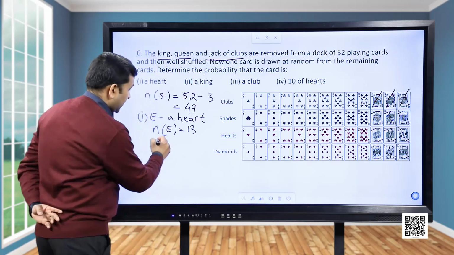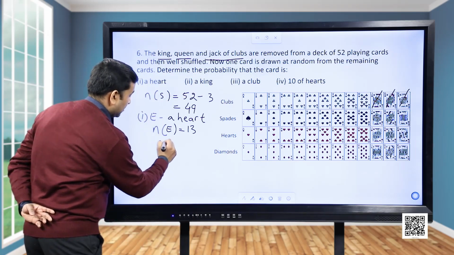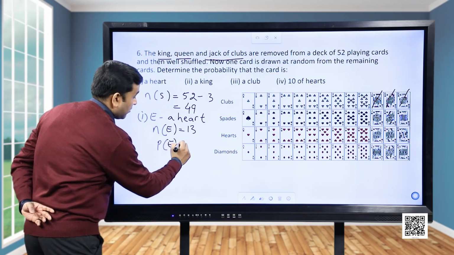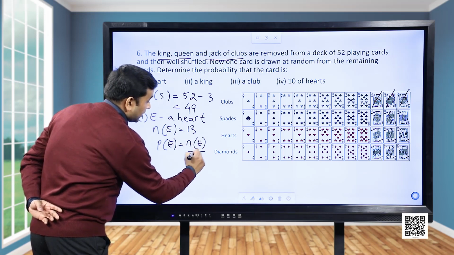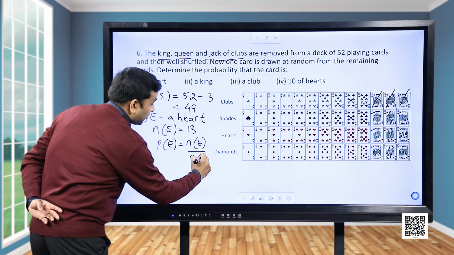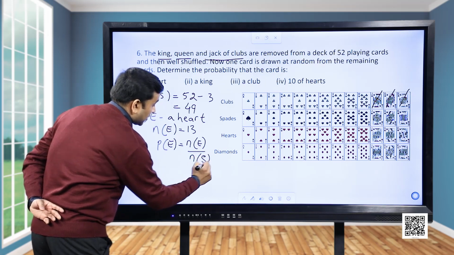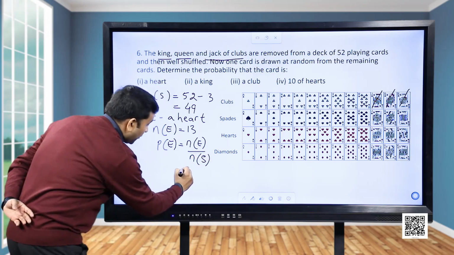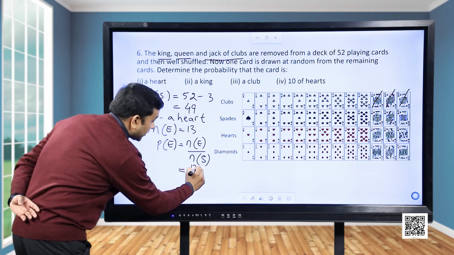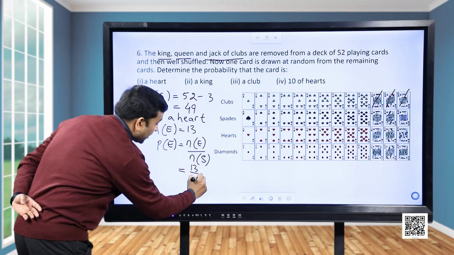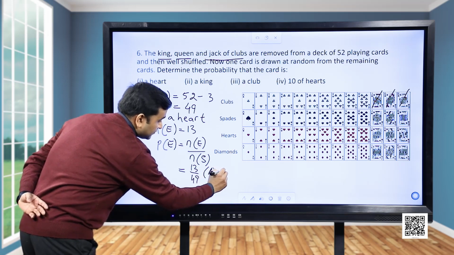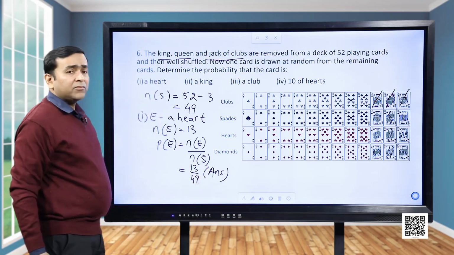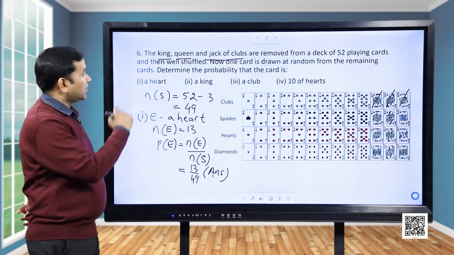So what is the required probability? Number of favorable outcomes upon number of all the possible outcomes, which comes to 13 upon 49. This is your answer. Very easy, right? Let us solve the second part.